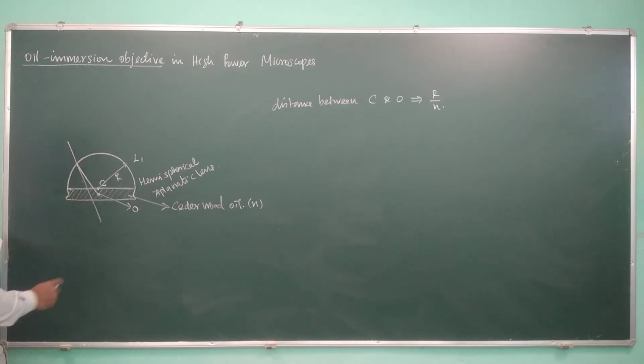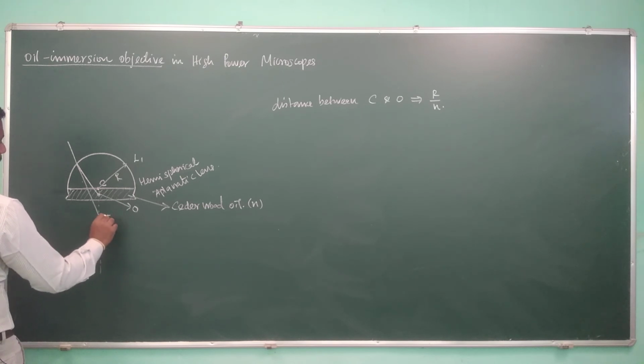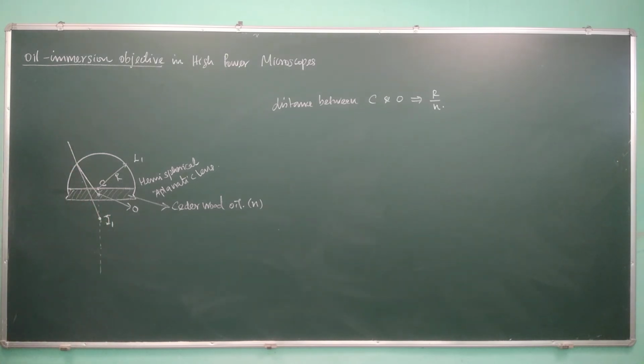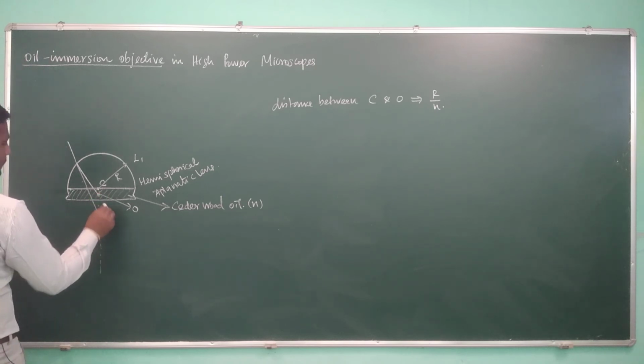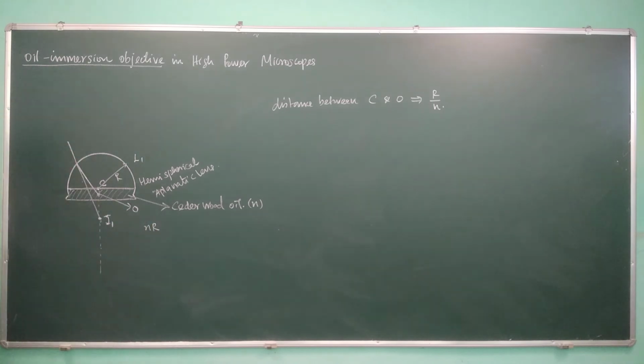For this refracted ray, the light appears to come from the point I1, right? That is, for object O, this point I1 will serve like a virtual image, and this virtual image will appear at a distance in R. Okay?